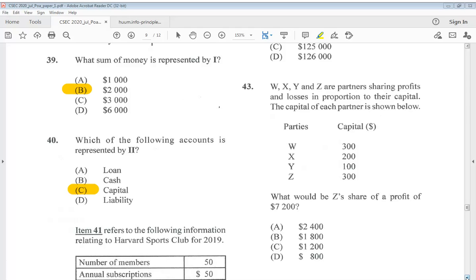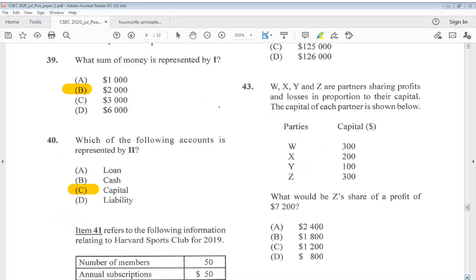W, $300 capital, X, $200 capital, Y, $100 capital, and Z, $300 capital. What would be Z's share of the profit of $7,200? Is it A, $2,400, B, $1,800, C, $1,200, or D, $800?